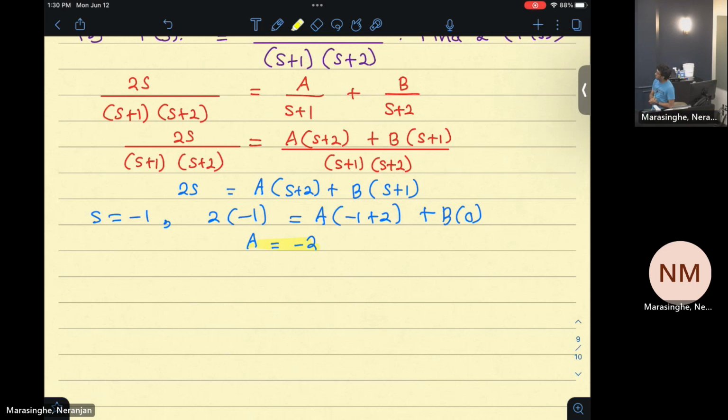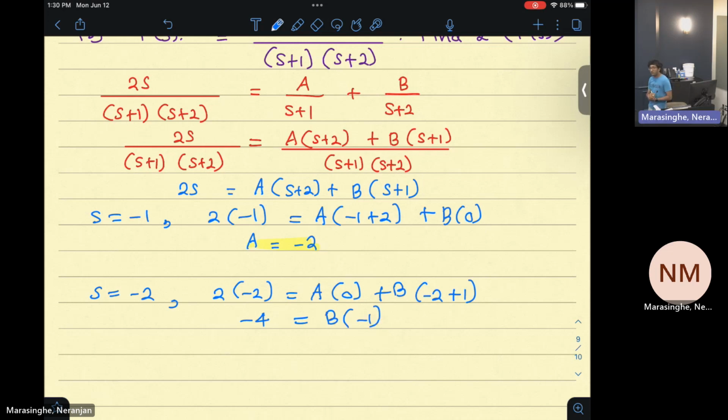Next, I would plug s equal to -2. Then what would I get? 2 times -2 is equal to A times 0 plus B times (-2 plus 1). So I would get -4 equals B times -1.